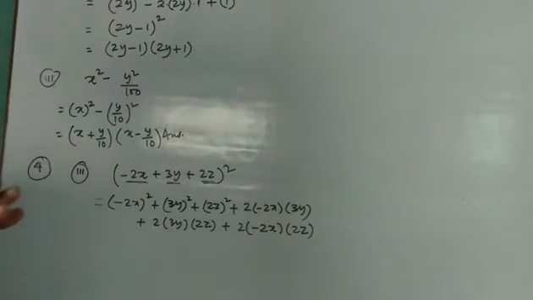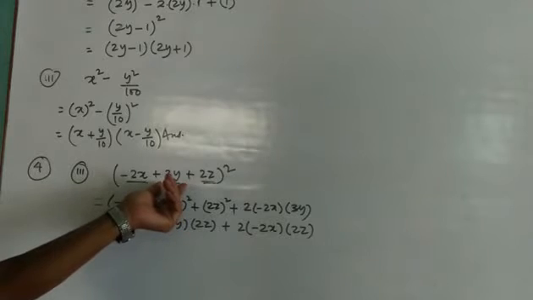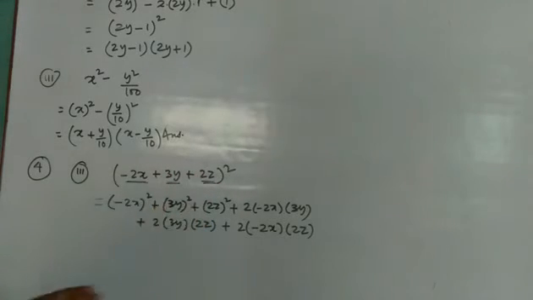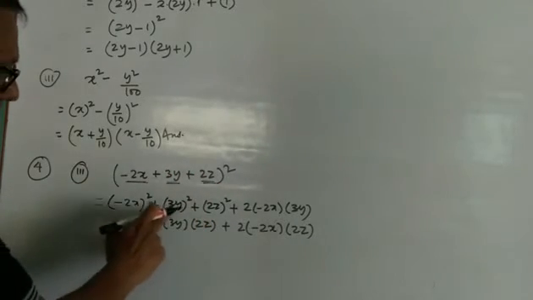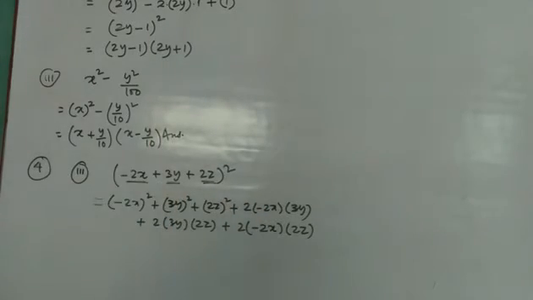I have used here the formula, students, (a + b + c) whole square. We have supposed -2x is equal to a, 3y is equal to b, and 2z equals c. So a square plus b square plus c square plus 2ab plus 2bc plus 2ca.